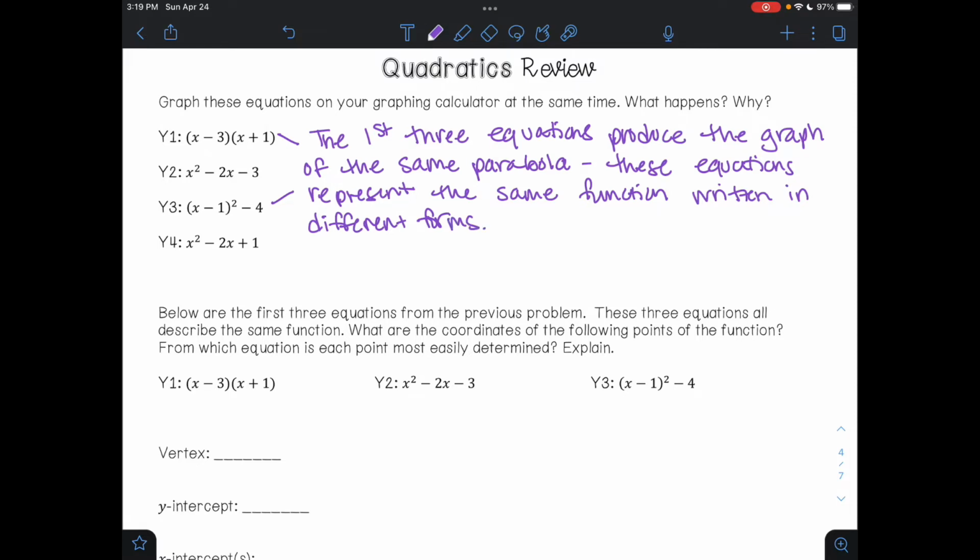So if you think back, this first equation right here is written in factored form, also known as intercept form because it gives you the x-intercepts.